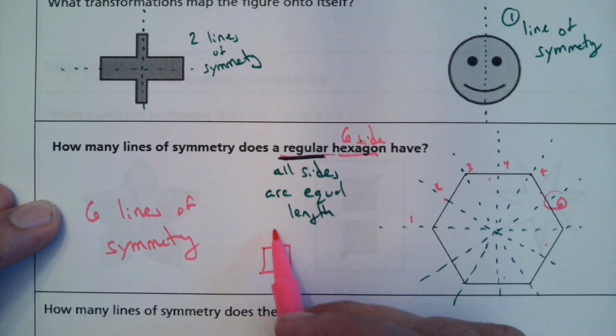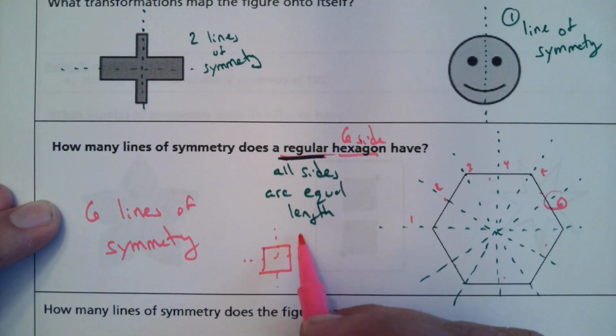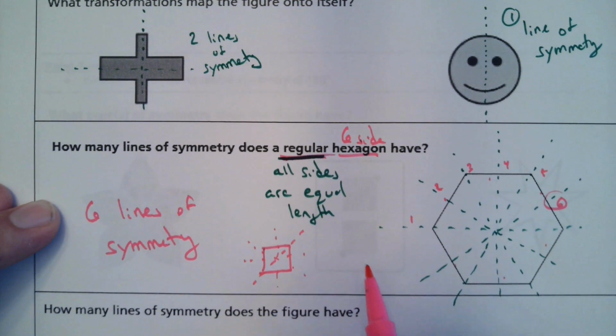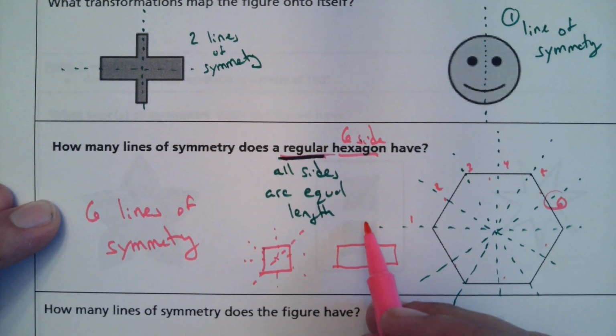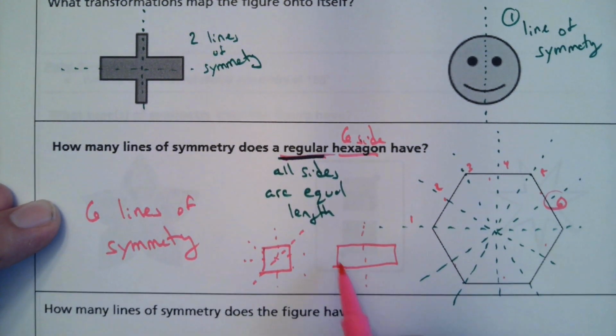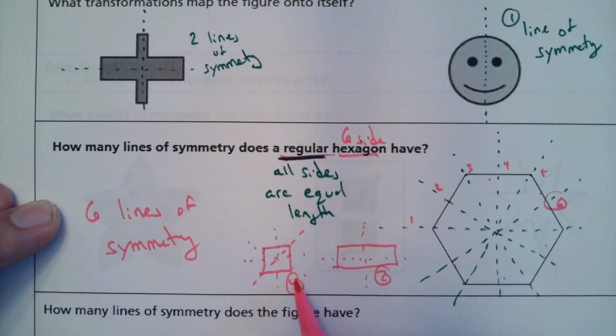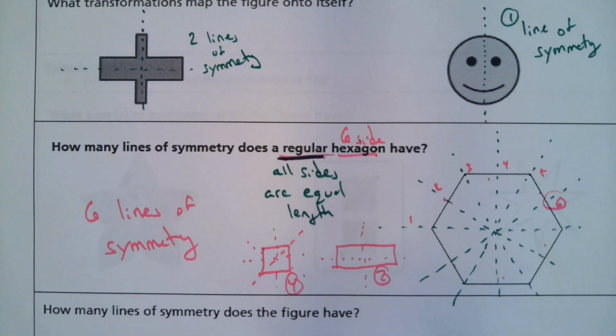How many for a square? 1, 2, 3, 4. But what about a rectangle? All the sides aren't the same. So like corner to corner doesn't work. That would just be 1 and 2. So 2 for a rectangle, 4 for a square. So when you're regular, it's the number of sides that you have.